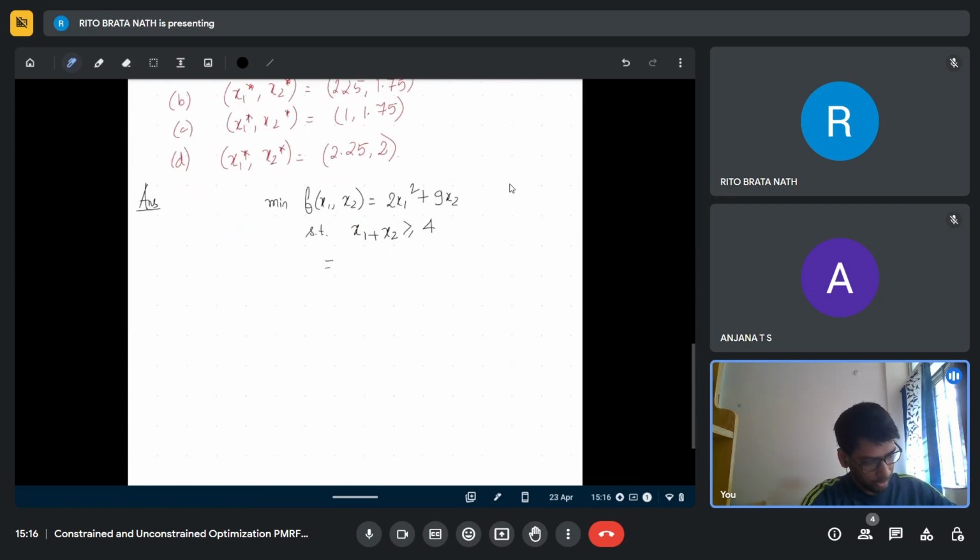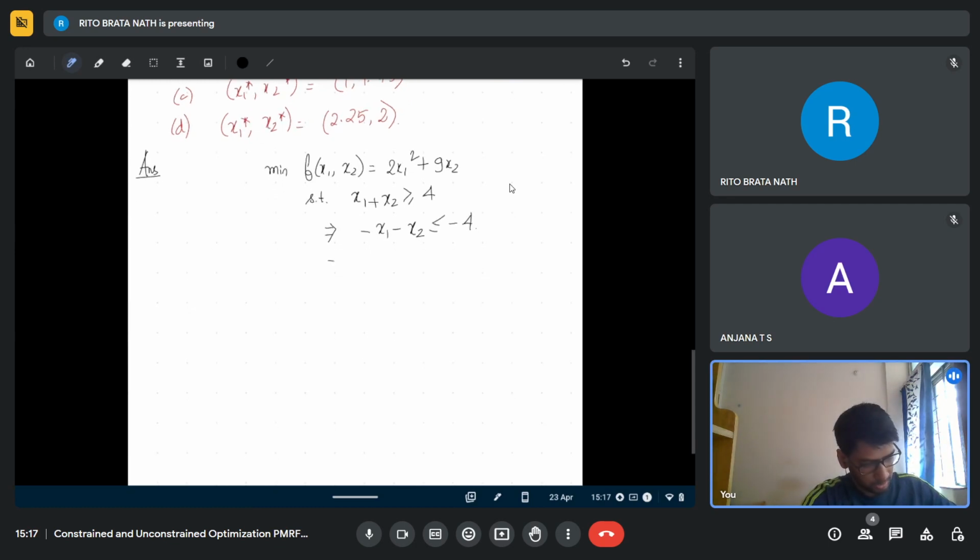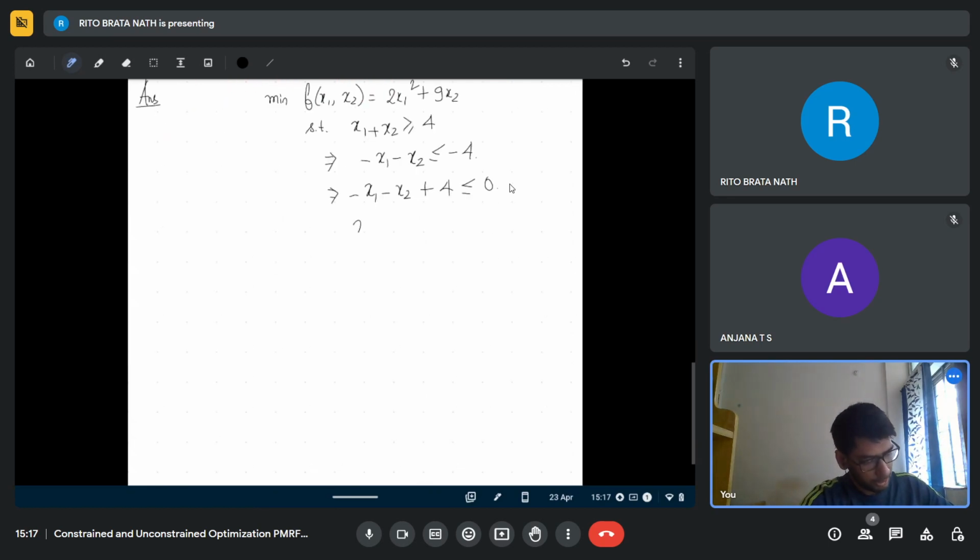You can convert it into a less than or equal to type constraint, because we need to deal with g(x) less than or equal to 0 type constraints. So I can take the minus 4 to the other side as well. This will be your constraint, and x1 and x2 are greater than or equal to 0.